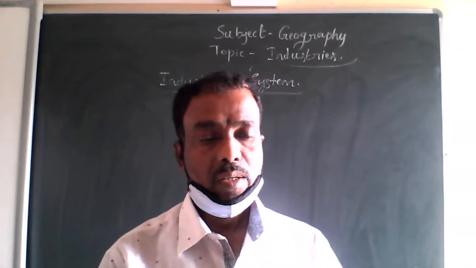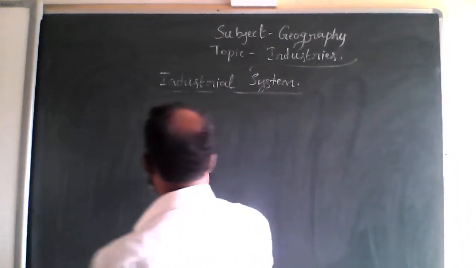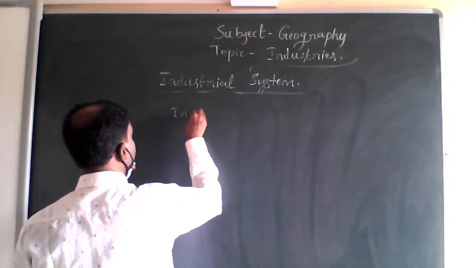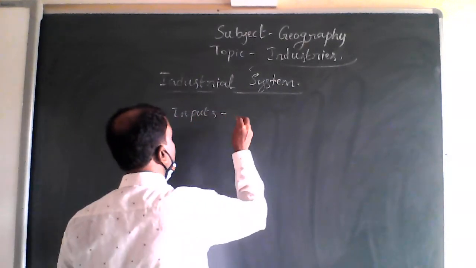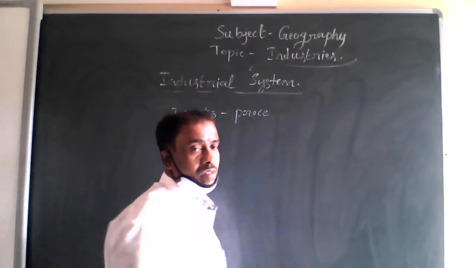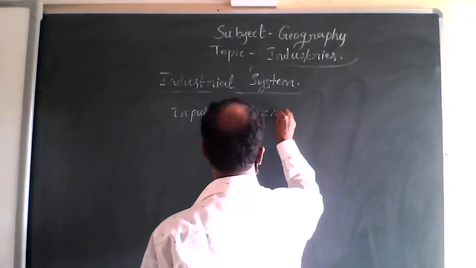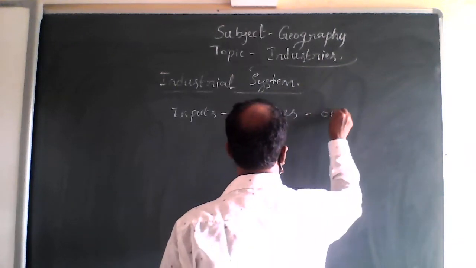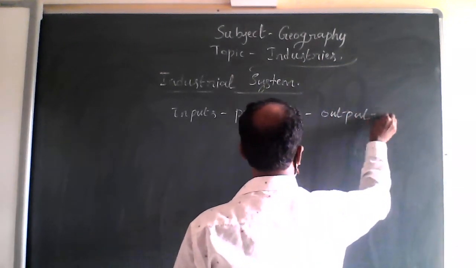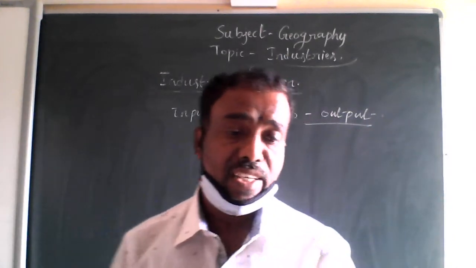An industrial system consists of inputs and processes and output. So this we used to call an industrial system.